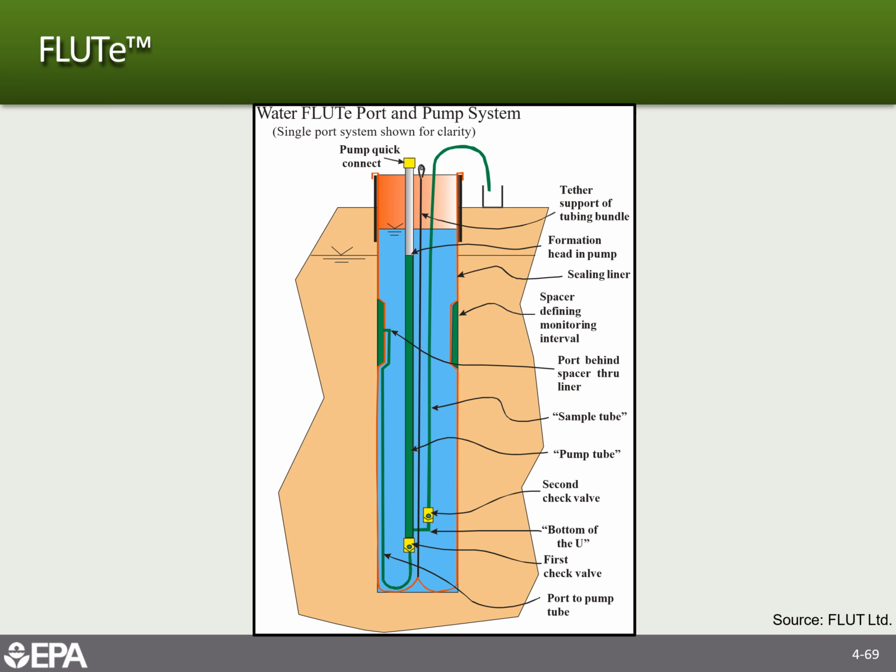This goes into the borehole, and you need to specify the depths where you want the sampling ports made into this fabric. But it allows you to then pump from a particular interval, through connecting up the plumbing at the surface.